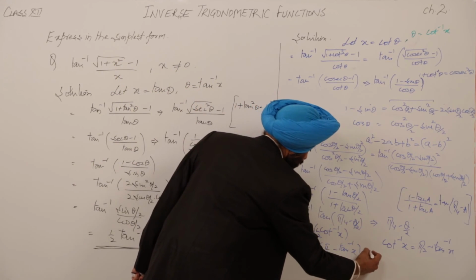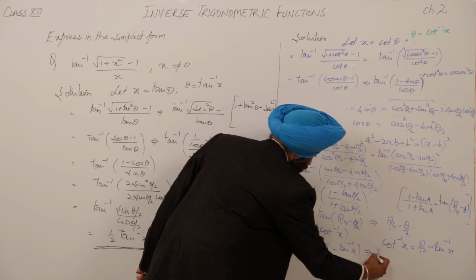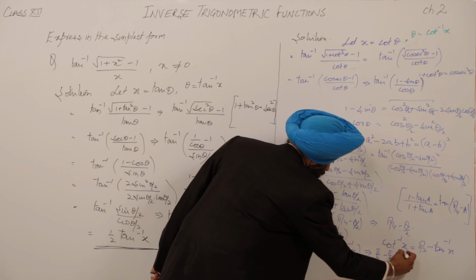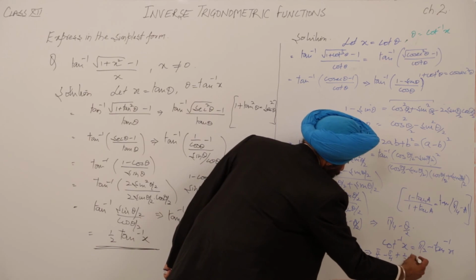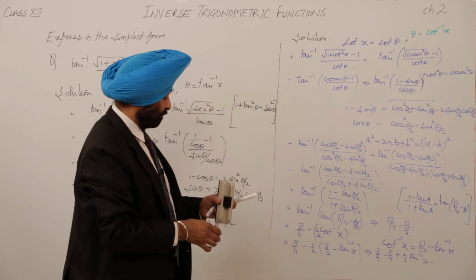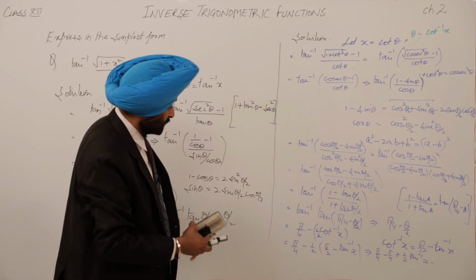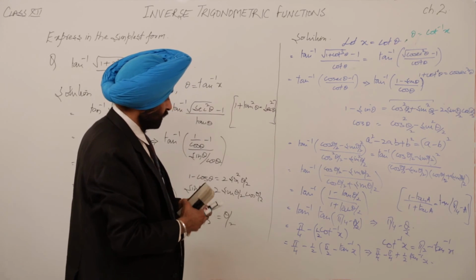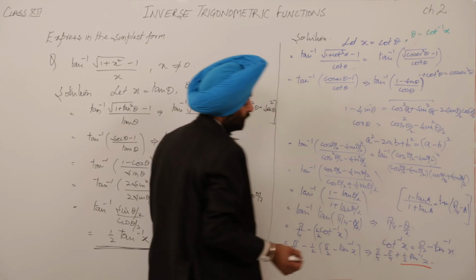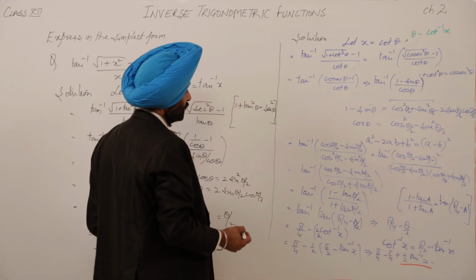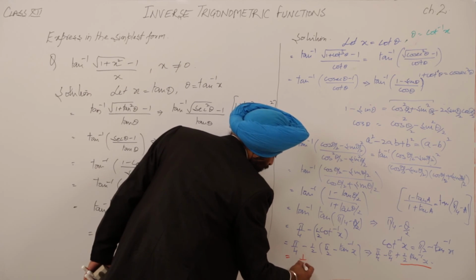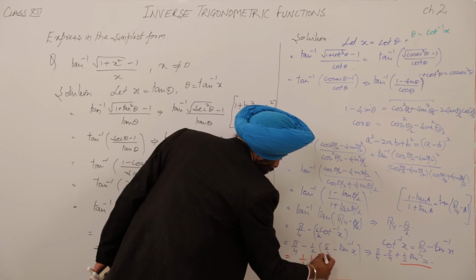We are getting pi by 4 minus pi by 4 plus half tan inverse x. And now pi by 4 and pi by 4 cancel, and what is left? We are left with half times tan inverse x. So the final answer is 1 by 2 tan inverse x.